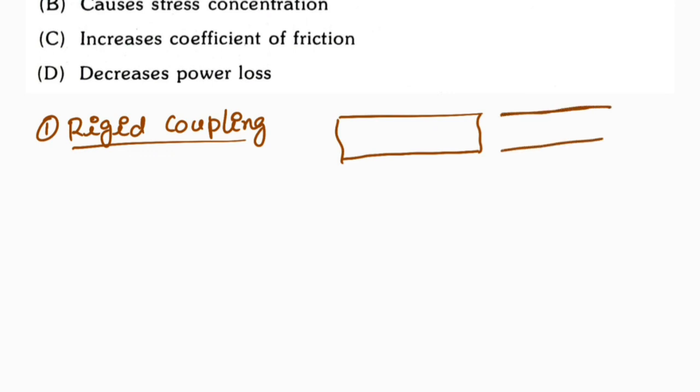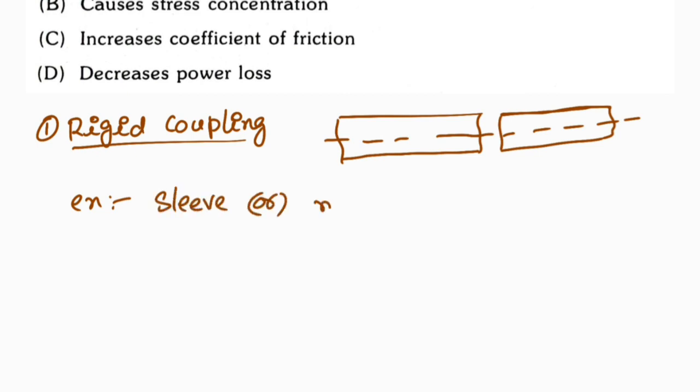To connect these two shafts on the same axis, we use a coupling called rigid coupling. Examples of rigid coupling are the sleeve or muff coupling and, second, the flange coupling.